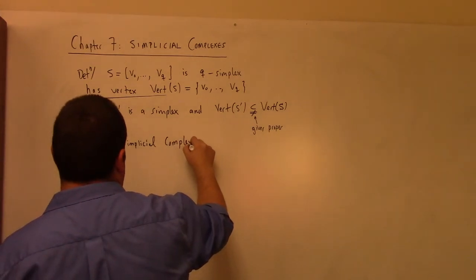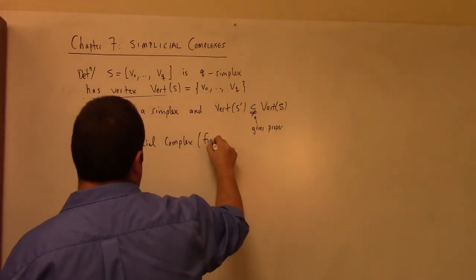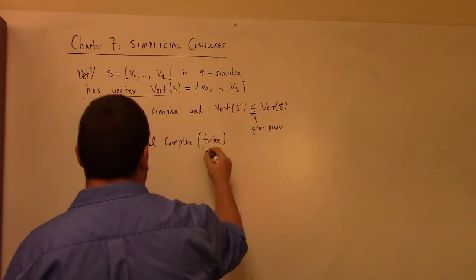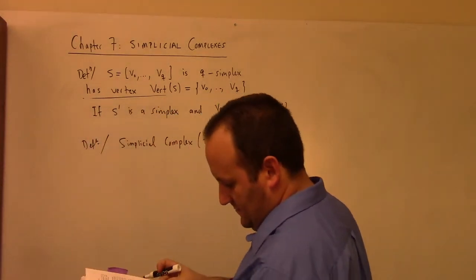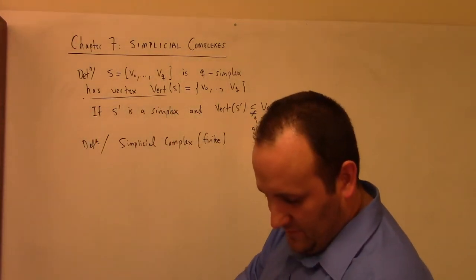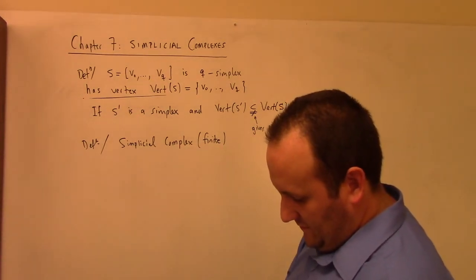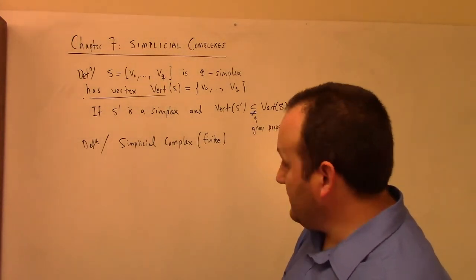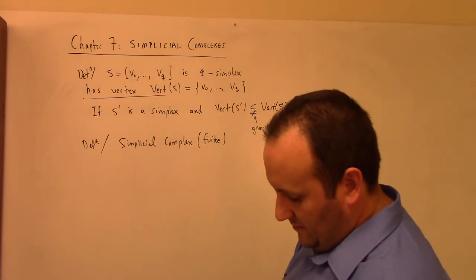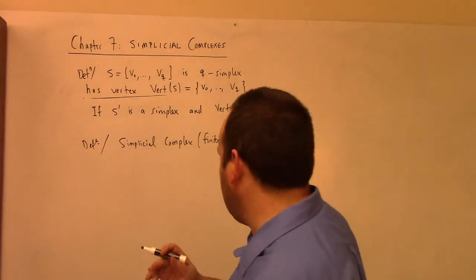Finite. That makes you wonder, doesn't it? How would you define an infinite simplicial complex? You'd need some notion of convergence or something, right? Anyway, a finite simplicial complex is a finite collection of simplices in some Euclidean space.